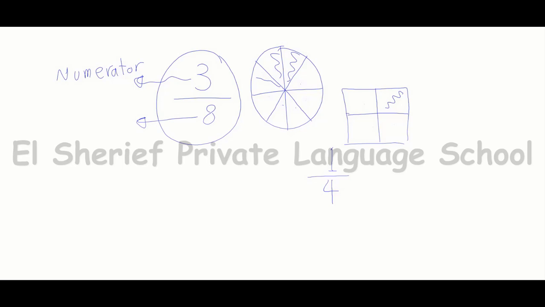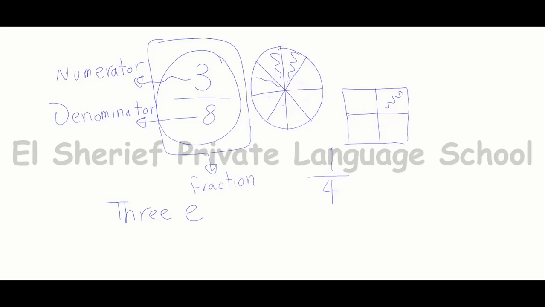Here we have the numerator, then the bottom number, and all this is called a fraction. We read this fraction as 3/8.